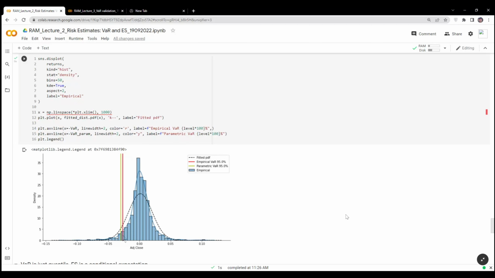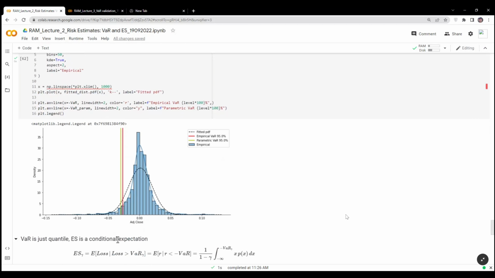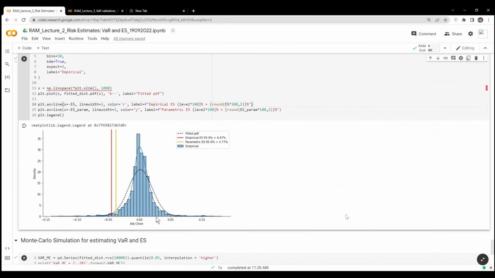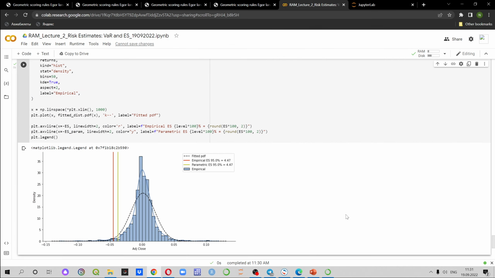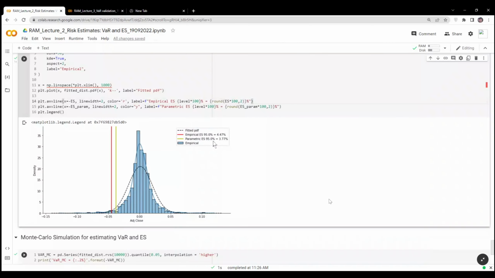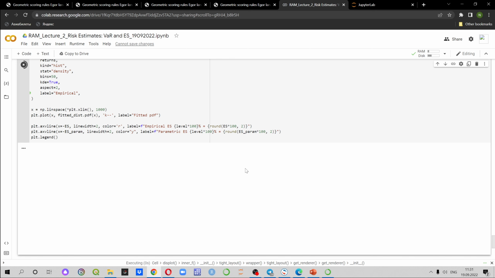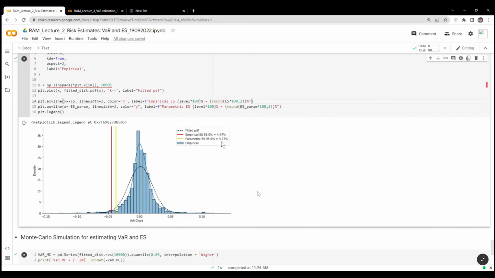So it's pretty clear, it can be seen from this figure, right? However, the parametric expected shortfall for the same particular case is going to be less than the empirical one.